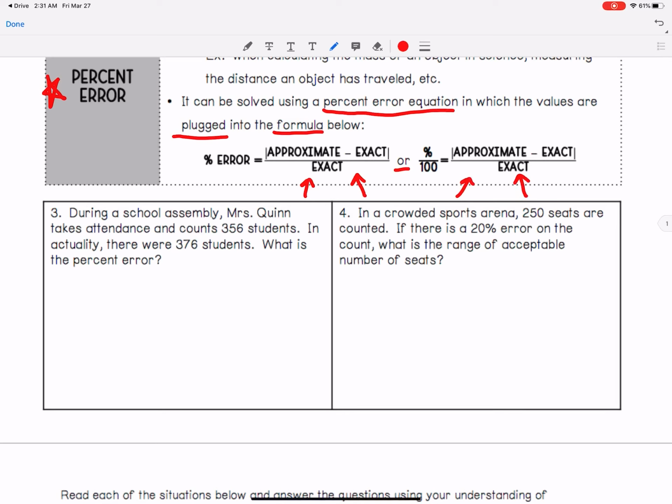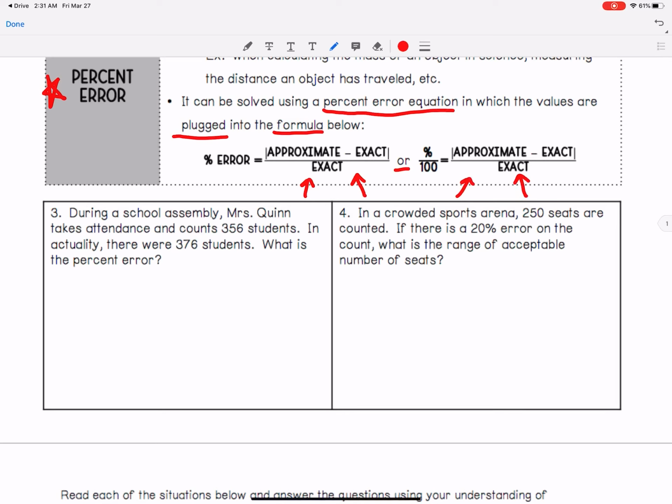Well, this time we kind of have to work backwards using the equation that we've been given before. They give us a 20% error to start with. And now we have to move backwards. So we don't know what x is, but we do know that our exact value is 250 seats.